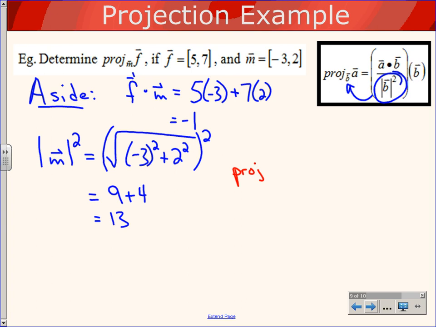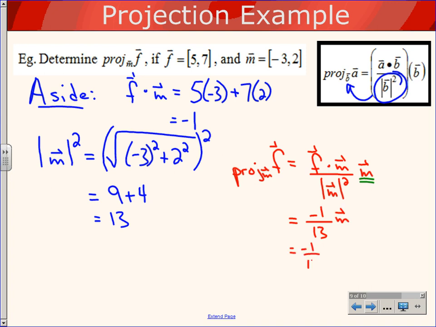So to find the projection now, we're doing F dot M over the magnitude of vector M squared times vector M. F dot M is a number, magnitude of vector M squared is a number. Vector M at the end is a vector. So minus 1 over 13 times vector M, which I suppose we could write this way.